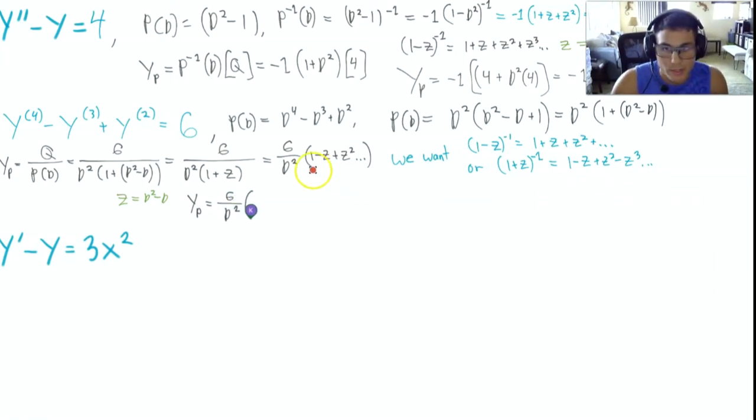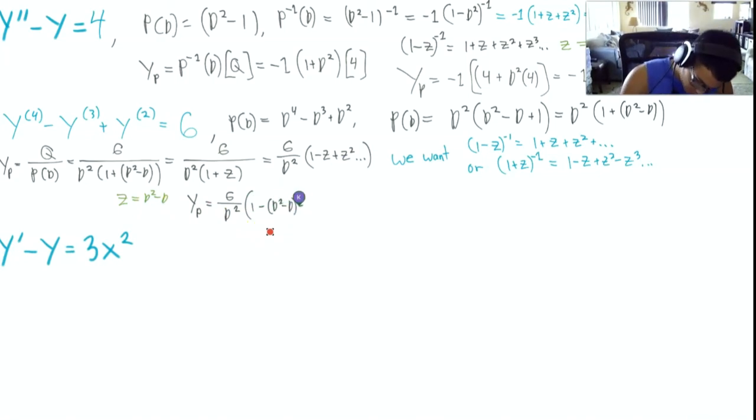So y_p is equal to 6 D squared. Now I'm going to replace all these z's back into D's. So it's going to be 1 minus (D squared minus D) plus (D squared minus D) squared.